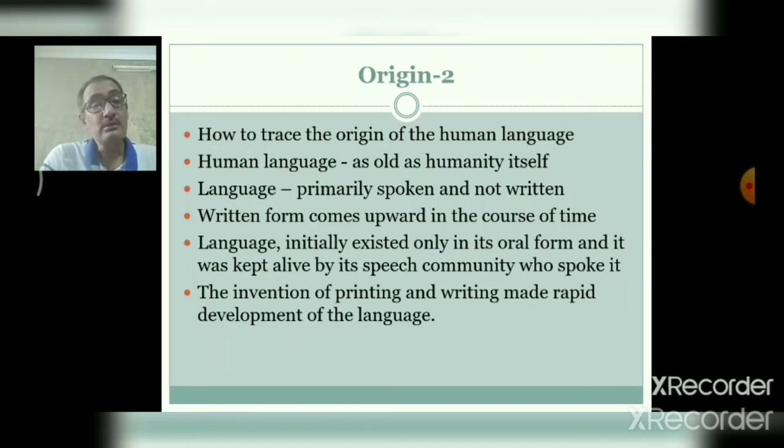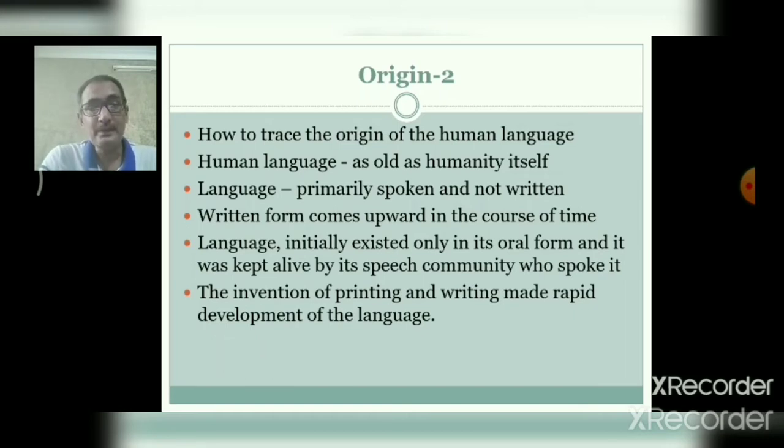So how old is human language? We can say human language is as old as humanity, because it has got its birth from the day when human beings were born on this earth, and it will survive up to the time human beings survive on this planet earth.